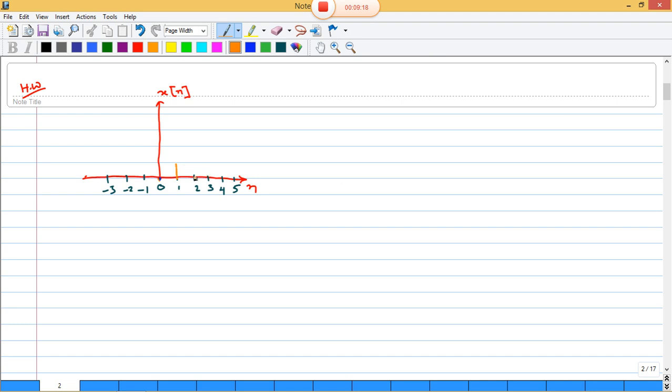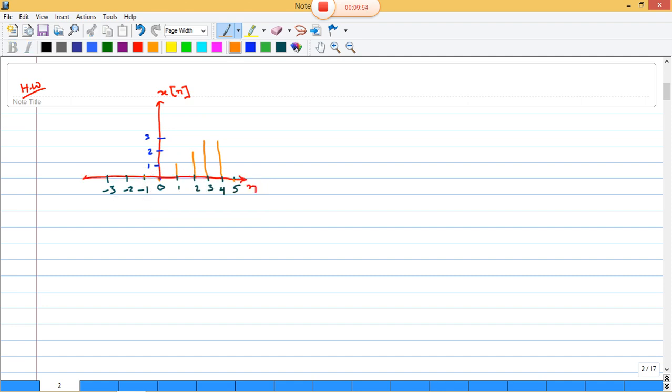At 2 it will be 2. At 3 it will be 3. At 4 it will be 3. Okay. So this is 1 point, this is 2 point, and this is 3 point. Now at 5 it will be 0, and at minus 1 it will be 0.